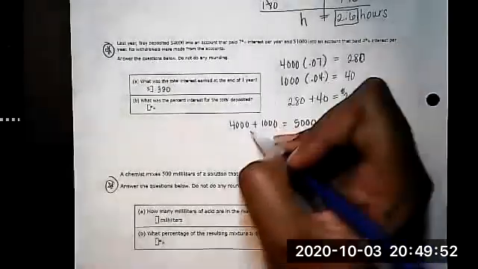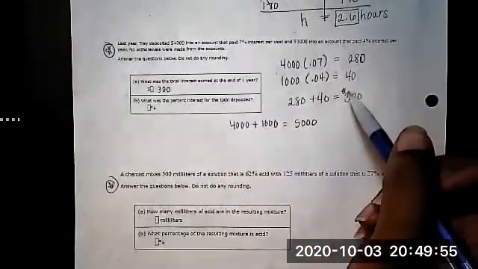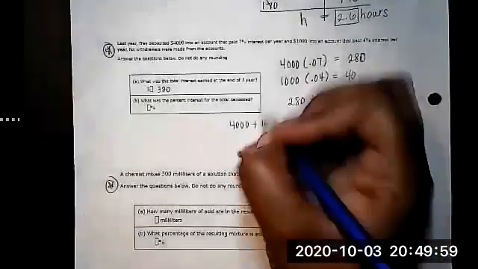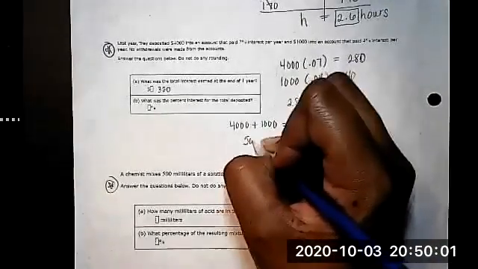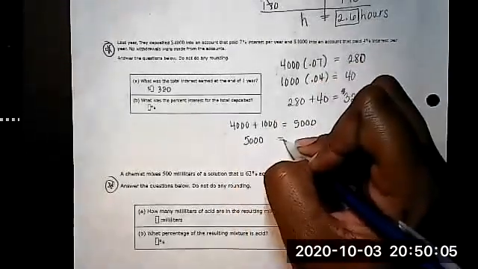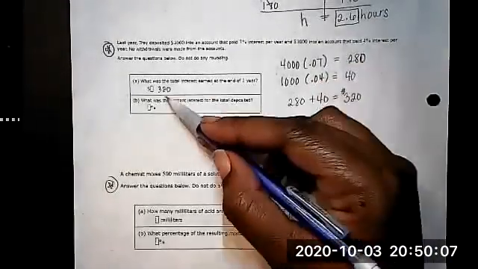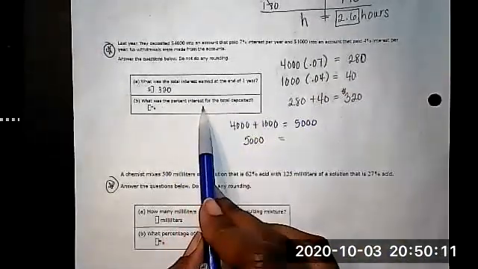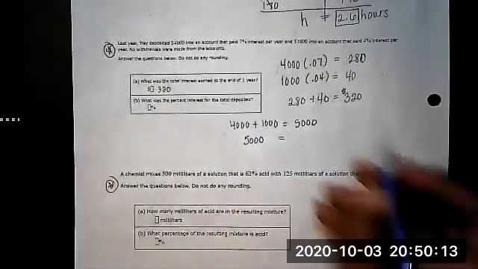So the total deposit in this situation is 5,000, and the question is, what was the percent interest for the total deposit?